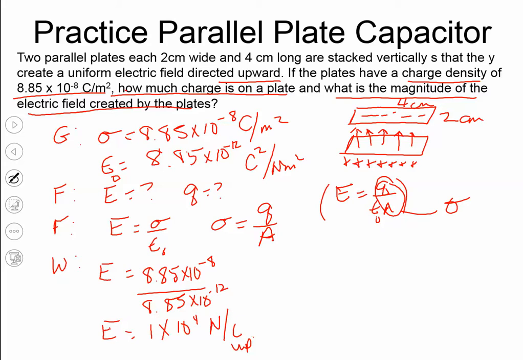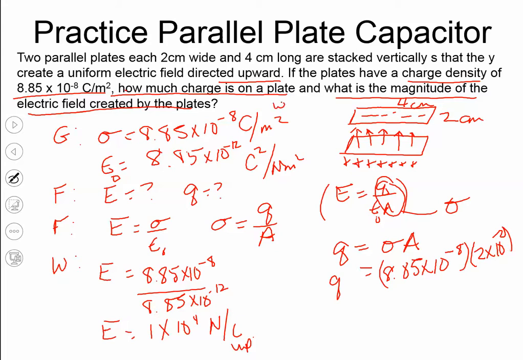Now let's look at Q. So Q is equal to sigma A. So Q is equal to 8.85 times 10 to the negative 8th times the area. Well, the area of a rectangle is just length times width. So times 2 times 10 to the negative 2. So we have width is 2 times 10 to the negative 2, and height or length is 4 times 10 to the negative 2.